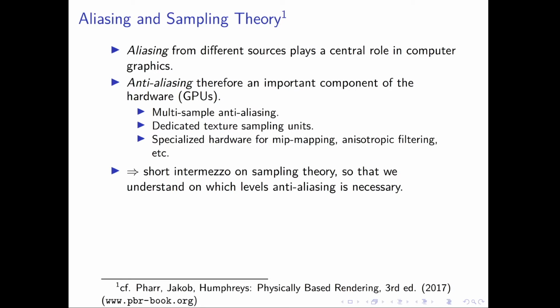On those fragment quads, they actually store derivatives, and with those derivatives we can mitigate aliasing, in particular in texture space. This is an example of where aliasing strongly influences design decisions for GPU architects, and this demonstrates how important aliasing actually is to computer graphics.